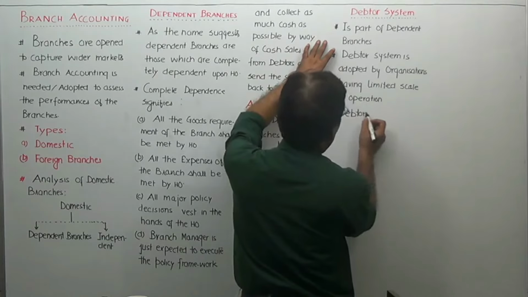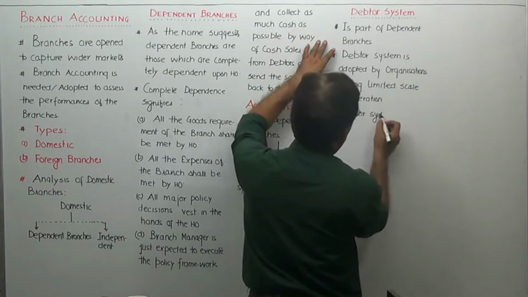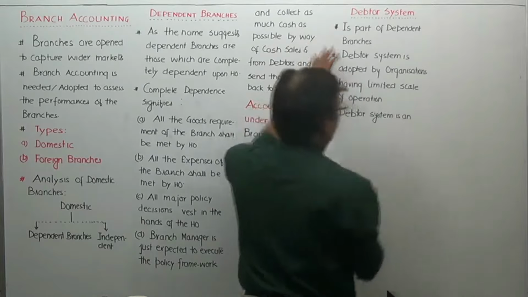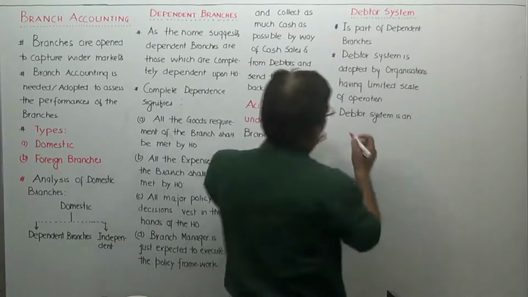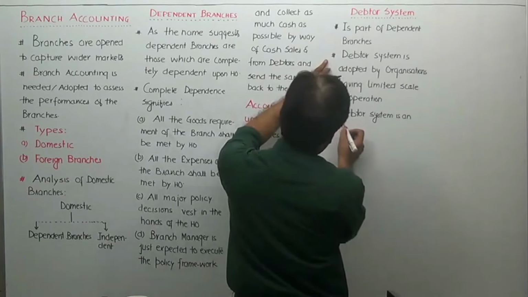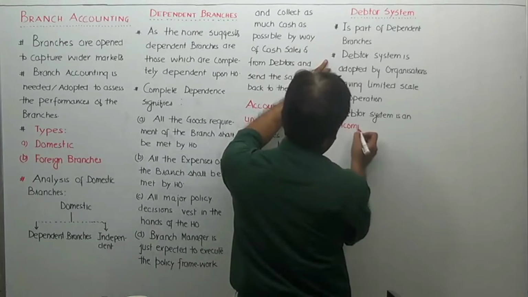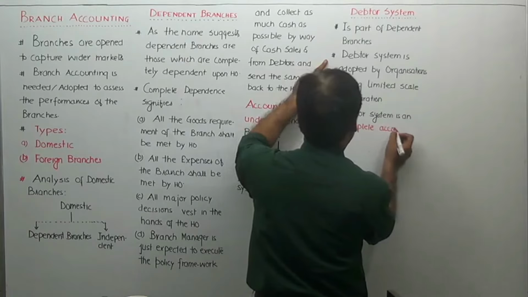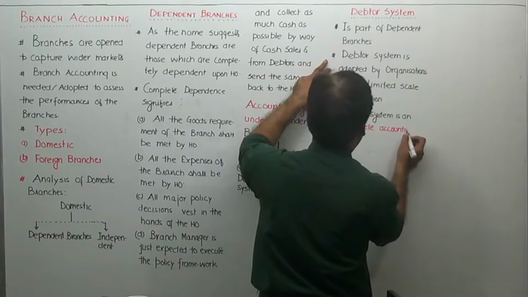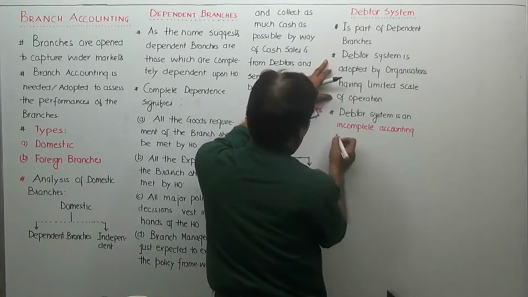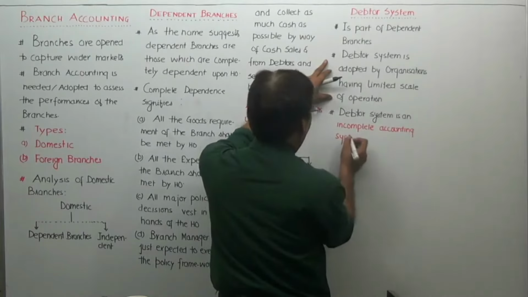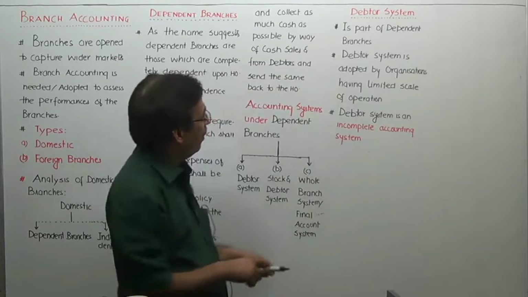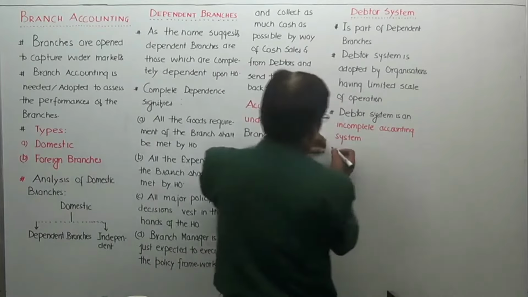The data system is an incomplete accounting system. How and why, I will let you know. I have already told you, a little bit of endurance, a little bit of patience is required.